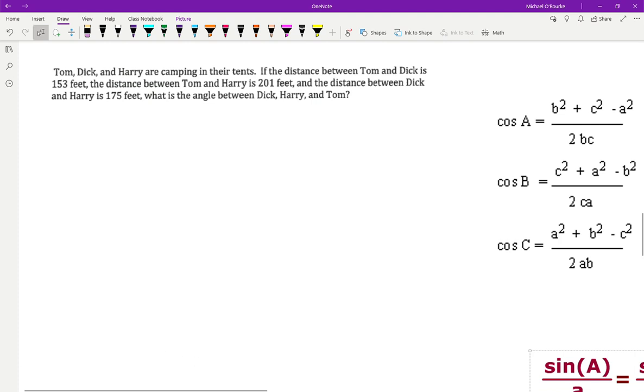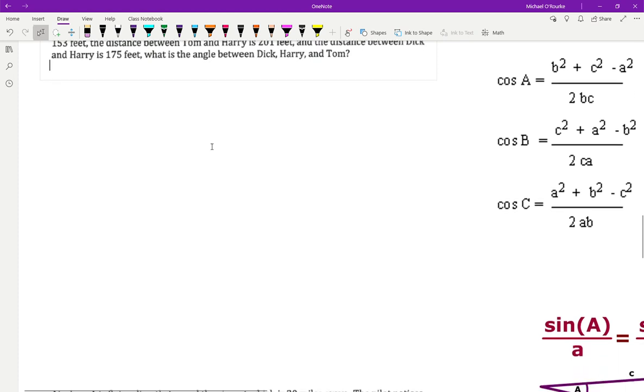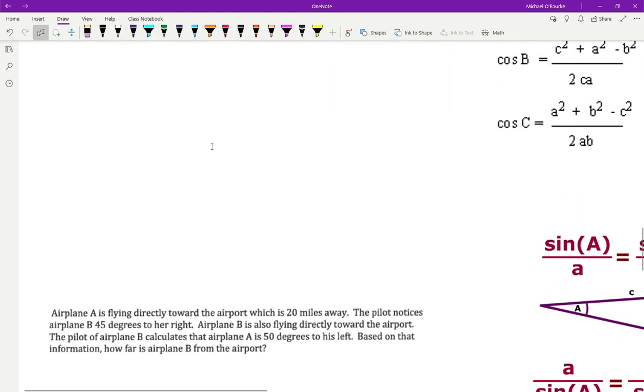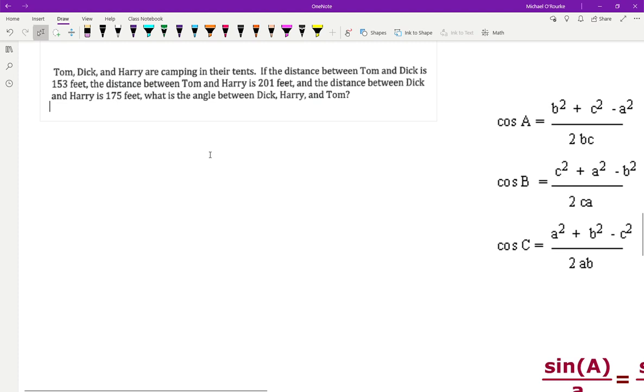So I want everyone to get out a piece of paper, okay? Because for each one of these, I want to see what you draw, what the diagram looks like. Okay. So Tom, Dick, and Harry are camping in their tents.